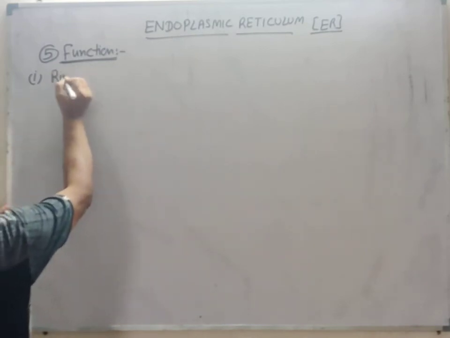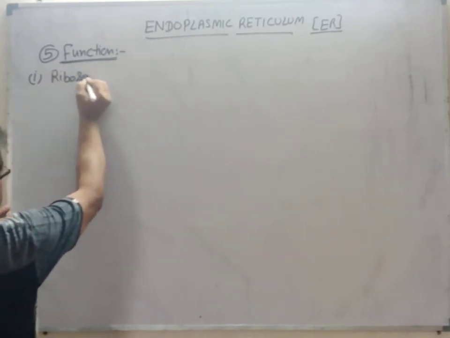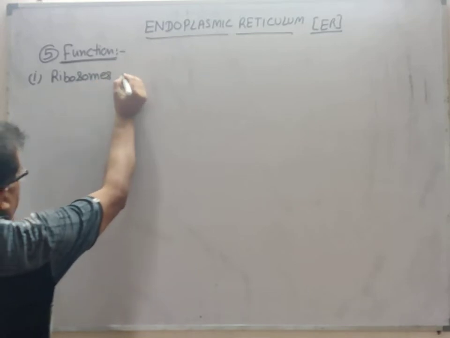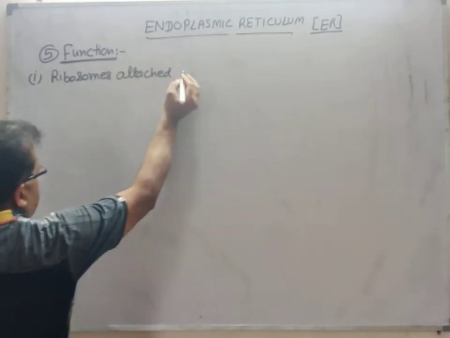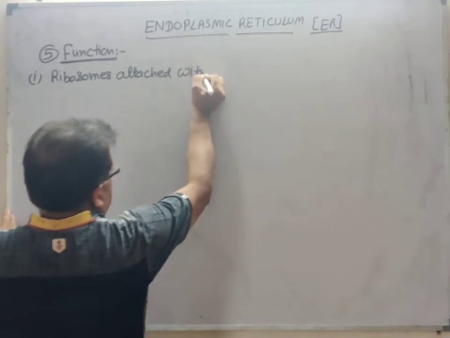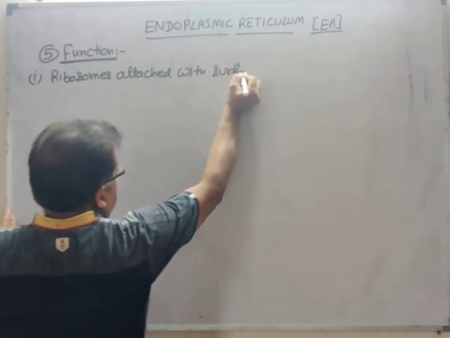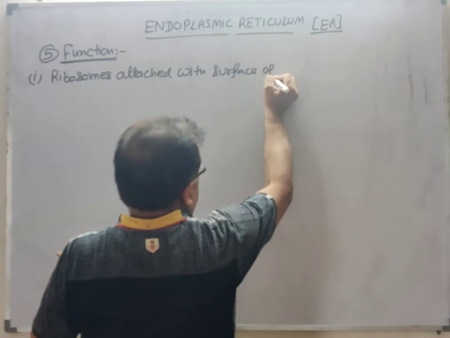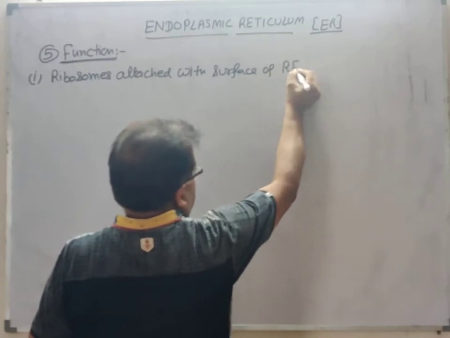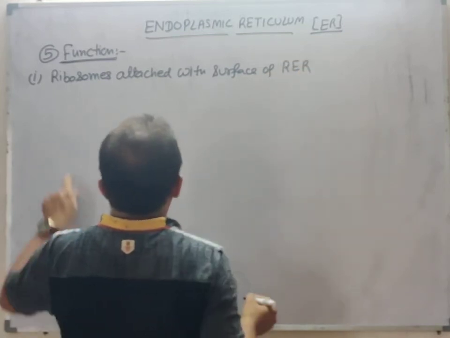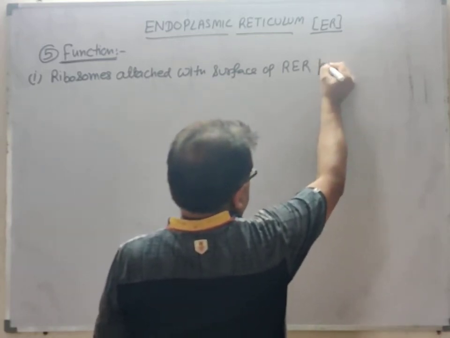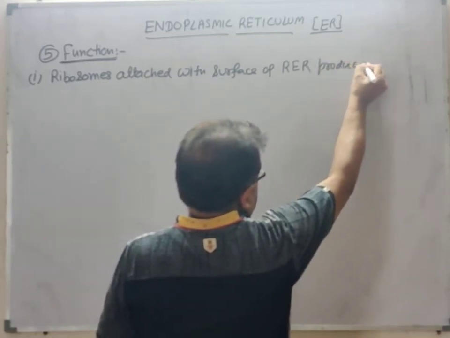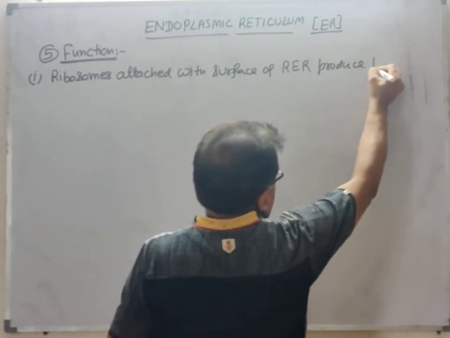Ribosomes attached with the surface of rough endoplasmic reticulum produce, synthesize, manufacture protein.